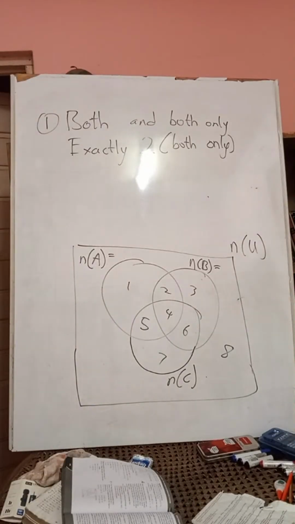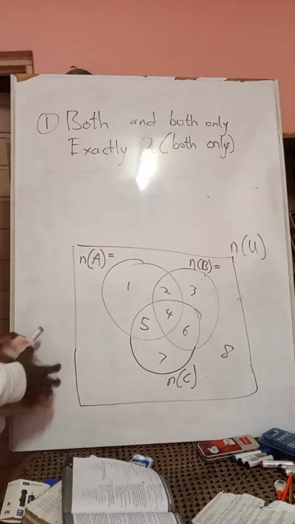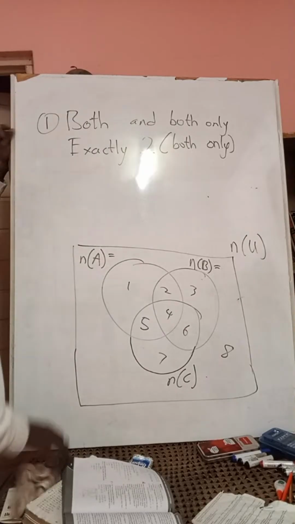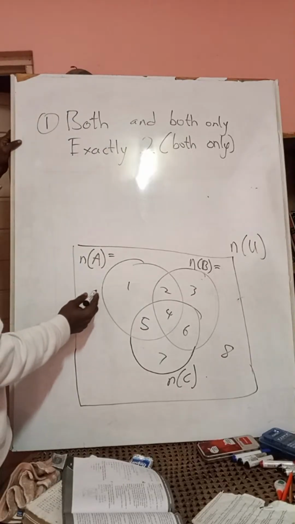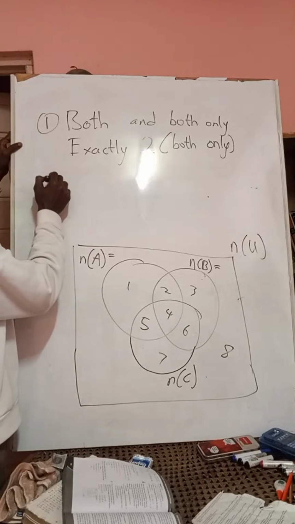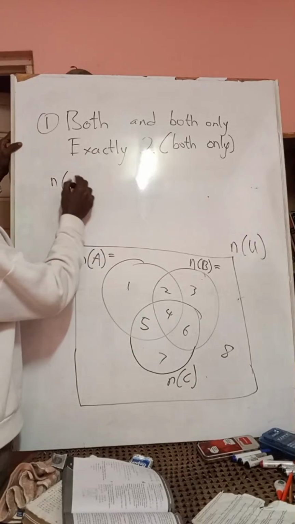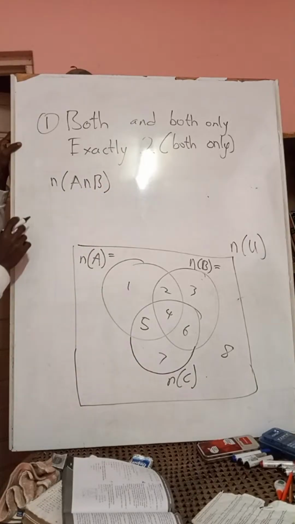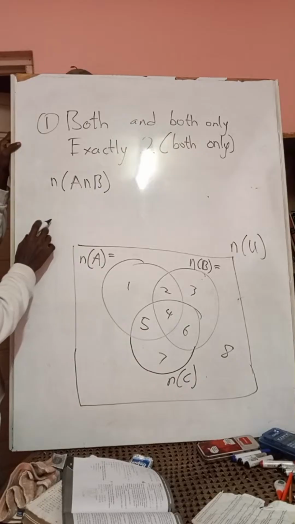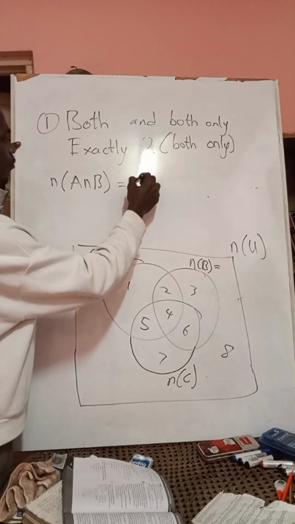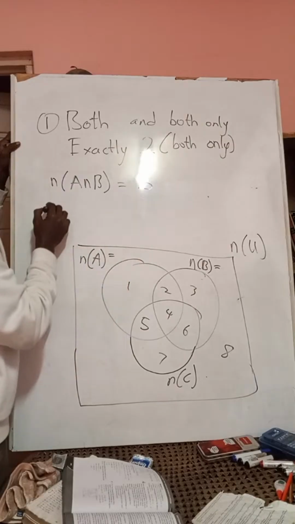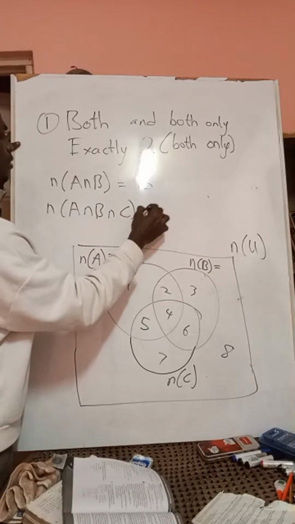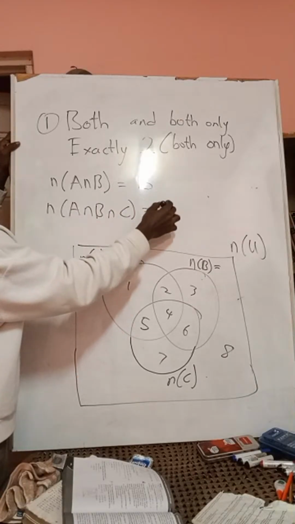I told you that whenever they give you a question, they give you the number of A intersection B, maybe 15, and the number of A intersection B intersection C as maybe 5.